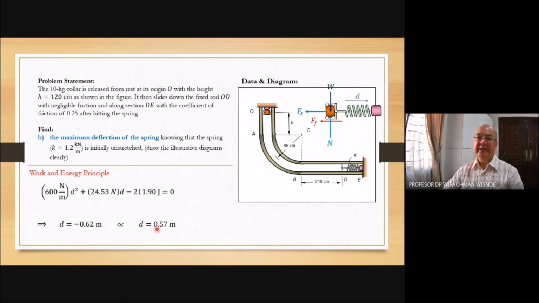One is negative 0.62, one is positive 0.57. We have a convention that positive displacement is when it is going to the right. When it is negative, it means the spring is going to the left. That is absurd, because the collar is pushing, it cannot extend the spring. So this value is not valid. This one will be the answer.